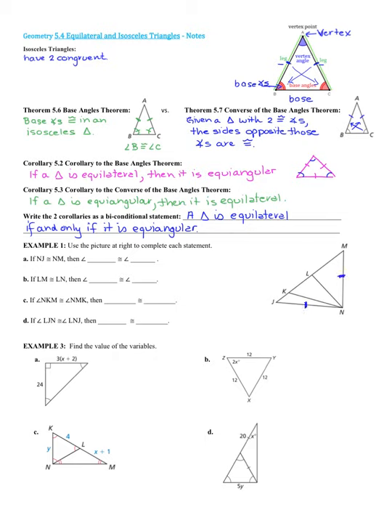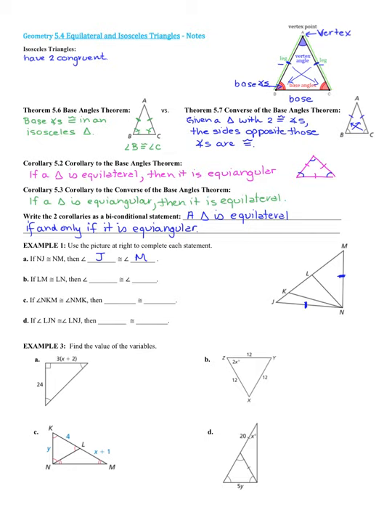So we have that equal to that. So ignore LN and KN for a minute, and you just look at the big triangle. What can we conclude? Well, that's isosceles, so we know that angle J is going to be congruent to angle M. All right, so we're looking all the way across to find the opposite angles.